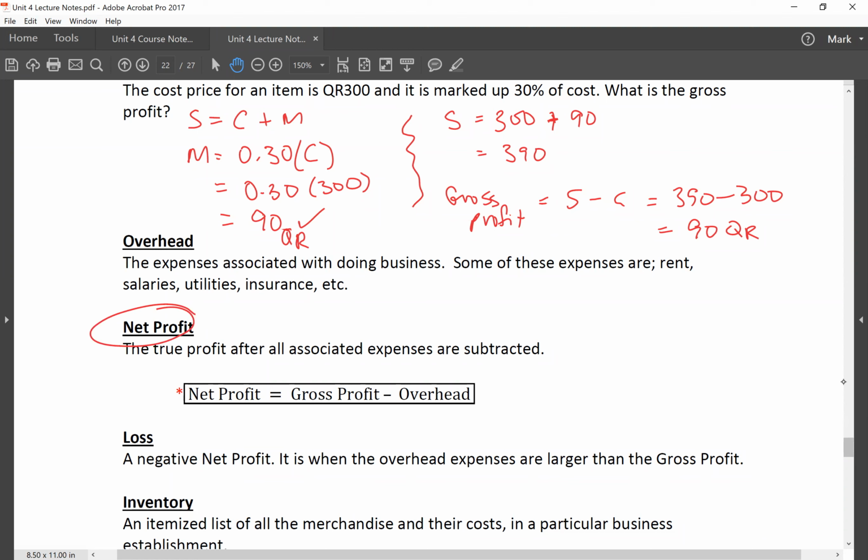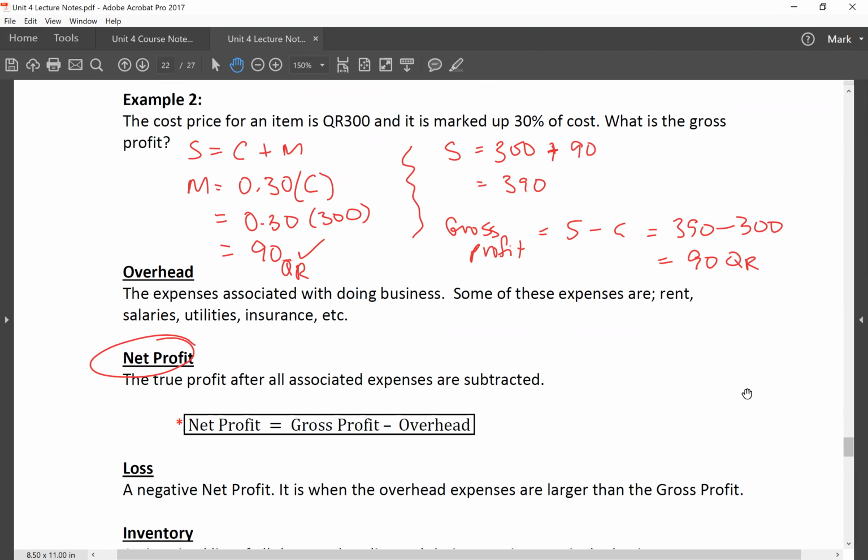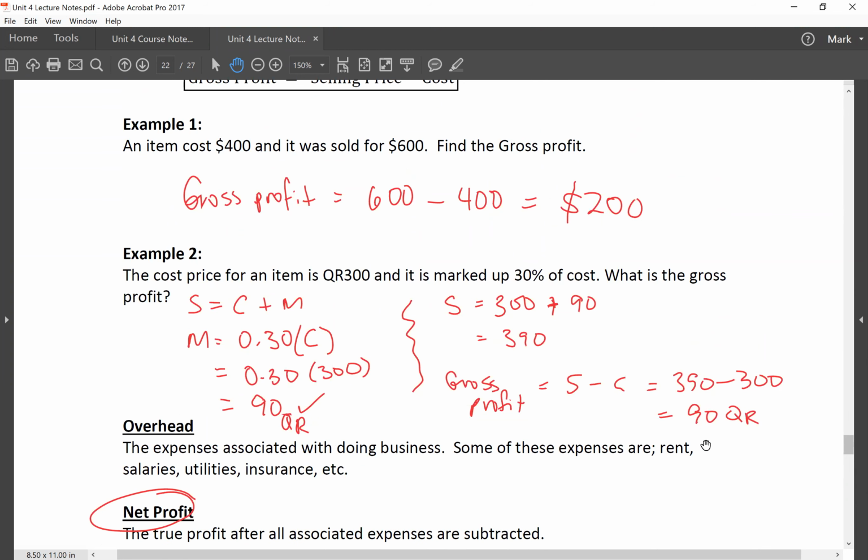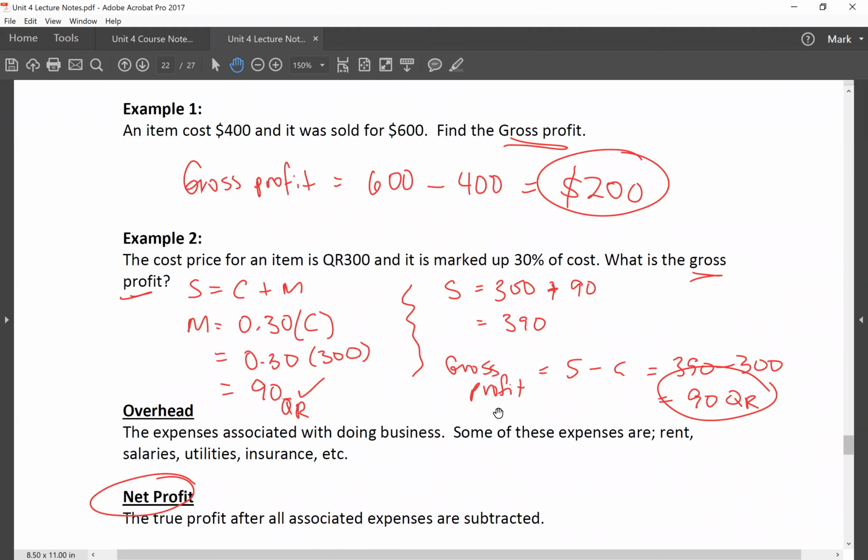This is the true profit after all expenses are subtracted. So just look up at example one or two, right? In example one, the gross profit, we made $200, we made 90 real. But what did we really make? Did I have to pay rent? Did I have to pay an employee's salary?